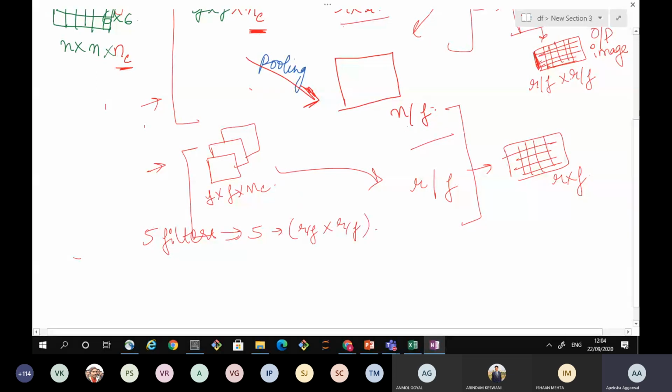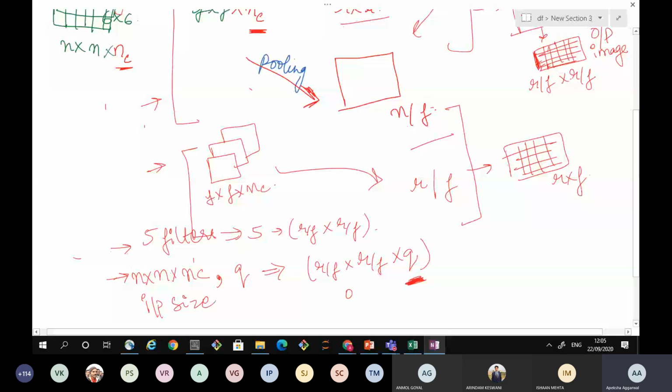So that is why, if my input size was n cross n cross nc, and I have some q number of filters, the output size would be r by f cross r by f cross q. Q is the number of filters that I'm talking about, right? So this is my input size and this is my output size. There should be no confusion about this.